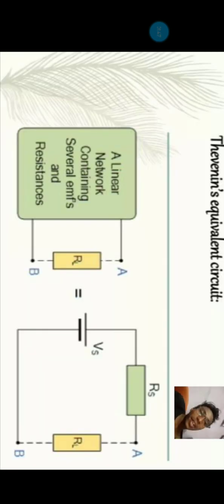Okay, Thevenin's equivalent circuit. Here RL represents the load resistor across which we must find the Thevenin voltage and Thevenin resistance. A linear network containing several EMFs and resistances is connected to a load resistance, denoted by RL.